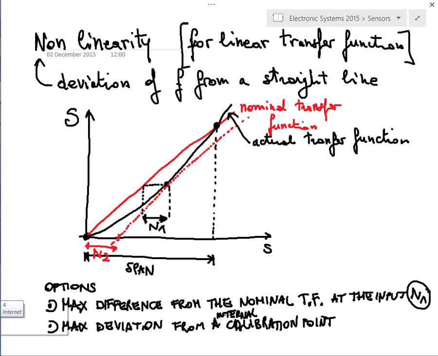For example, if we again consider the example of a thermometer used for measuring human temperature, typically it has to be very accurate around 37 degrees, because above and below that it's less important. 37 degrees is important because one defines if there is a fever or there is no fever, and that is the point in which it has to be calibrated, and the rest is less important. So in that case, one defines the nonlinearity in this situation, because the error has to be minimized here.